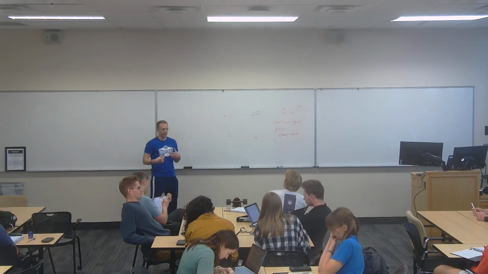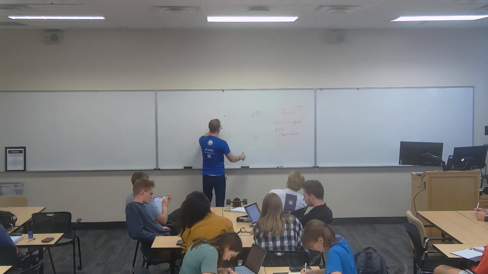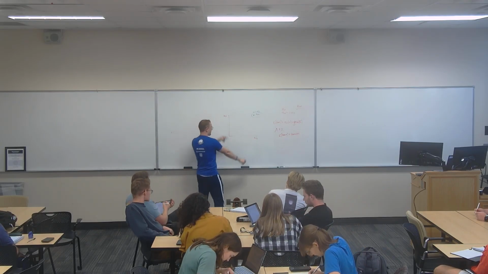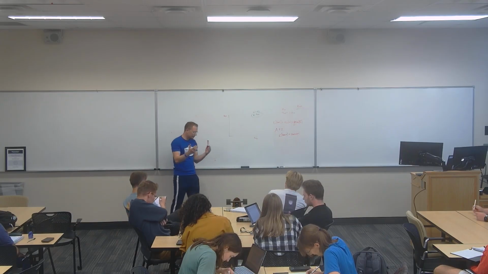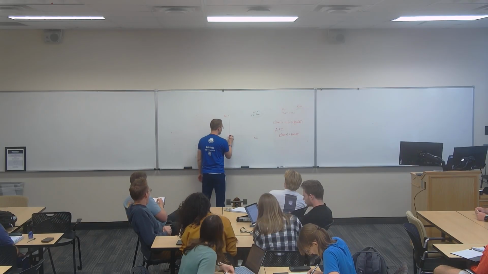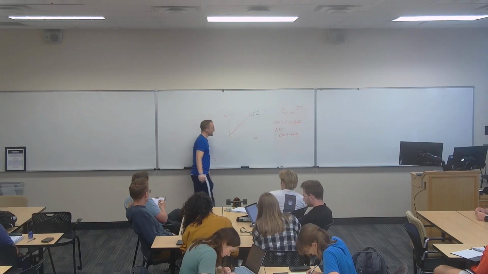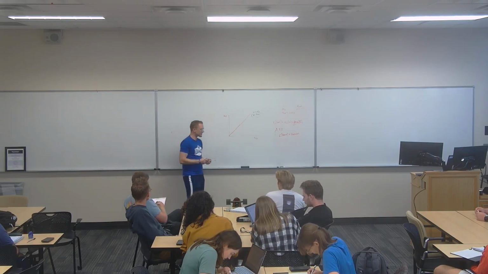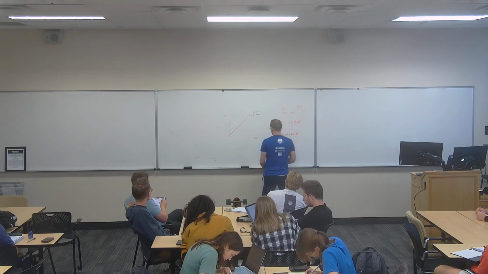If someone's provided full insurance, what's the relationship between these two? They're going to be equal, right? Your wealth is not going to change in the event of an accident if you get insurance. So that is the line of full insurance.